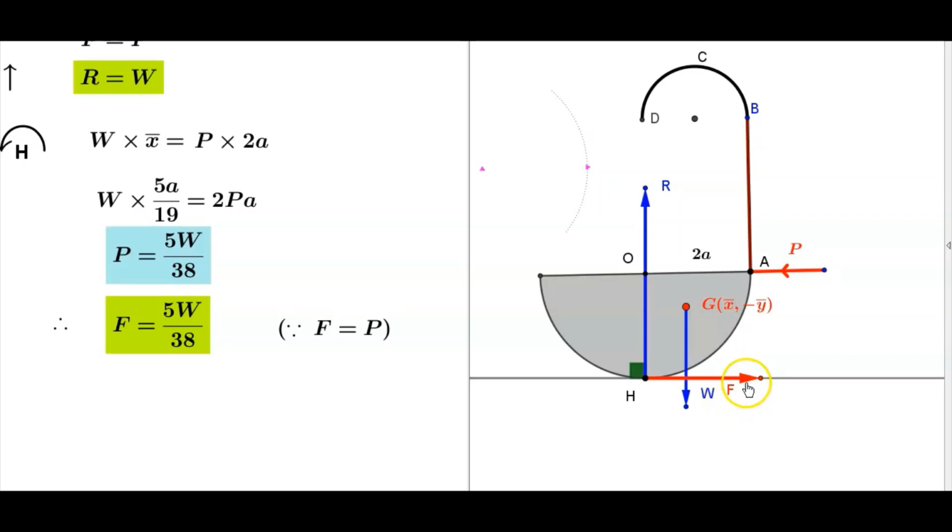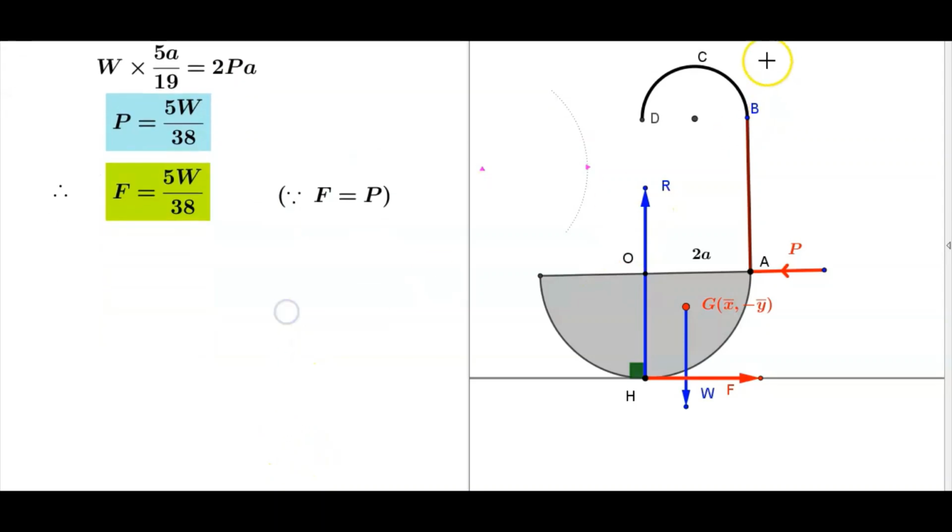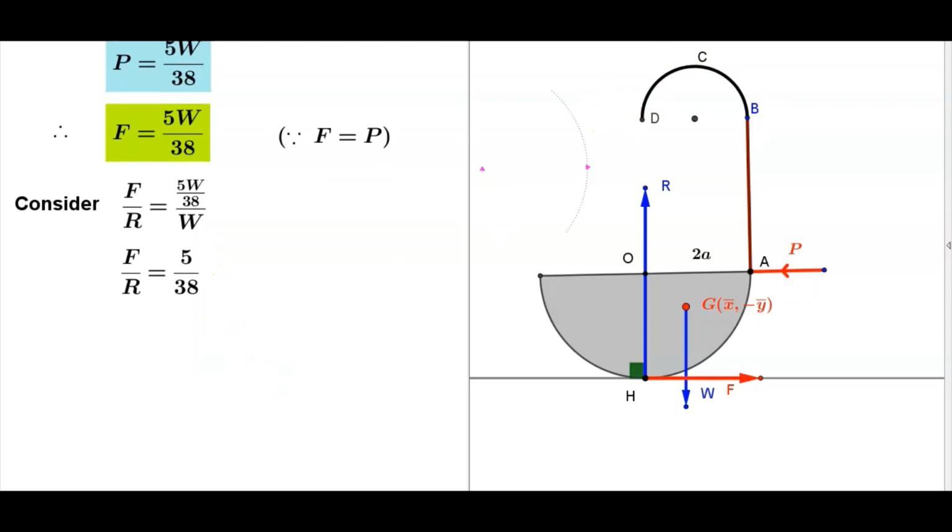This frictional force F is equal to 5W by 38 and the normal reaction R is W. Consider F over R. F over R is equal to 5W over 38 divided by W, so F over R is equal to 5 over 38.